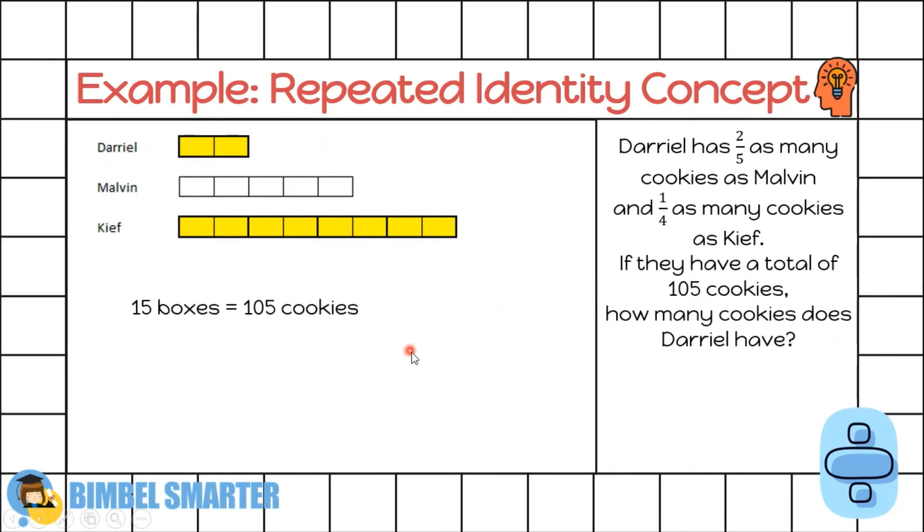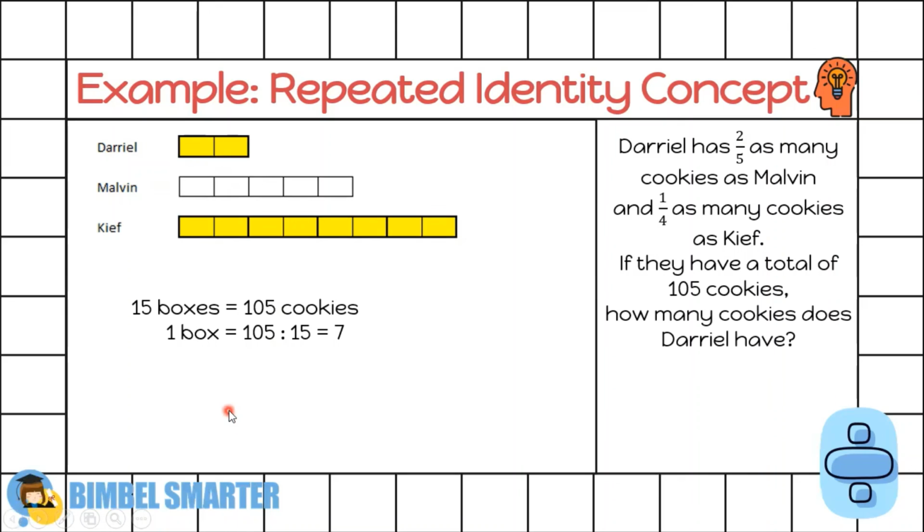After that, we know that 1 box equals 105 divided by 15, which equals 7. But that's not the answer yet, because what we're looking for is, yes, Darriel's cookies. Darriel has 2 boxes over here.